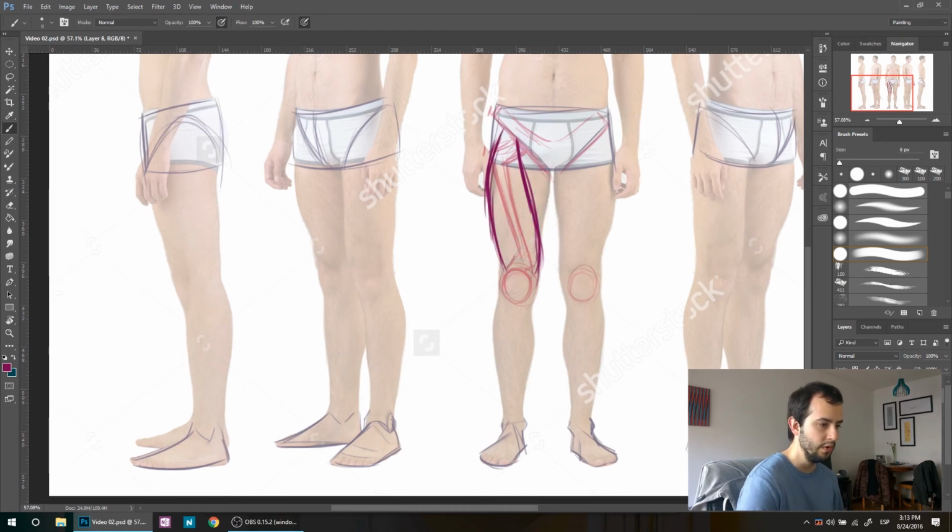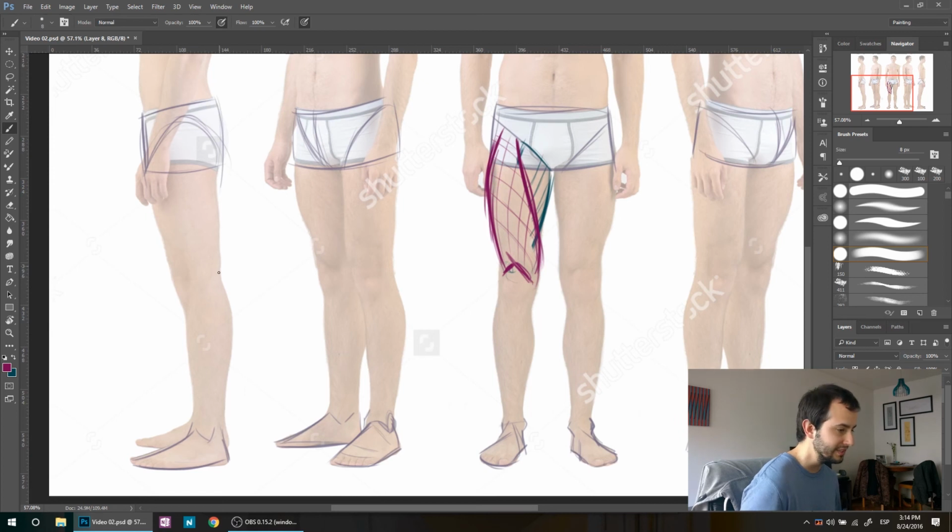See now, if I erase this part, and I kind of imply the shape of the knee here, I get rid of this, and you have the biggest two volumes that comprise the upper part of the leg. You have this volume here. So basically they are crossing each other. One goes this way and the other one goes this way.